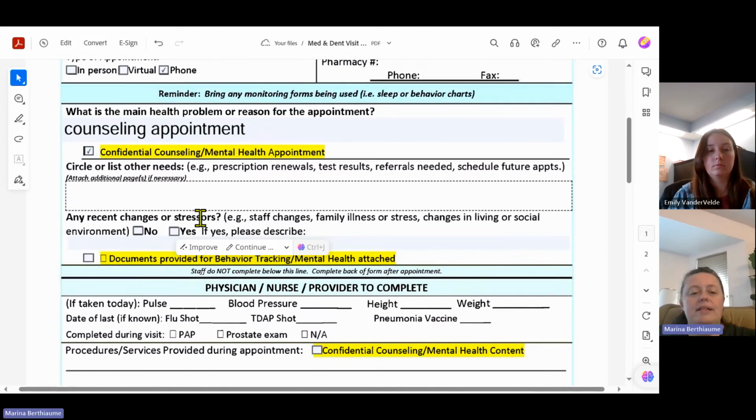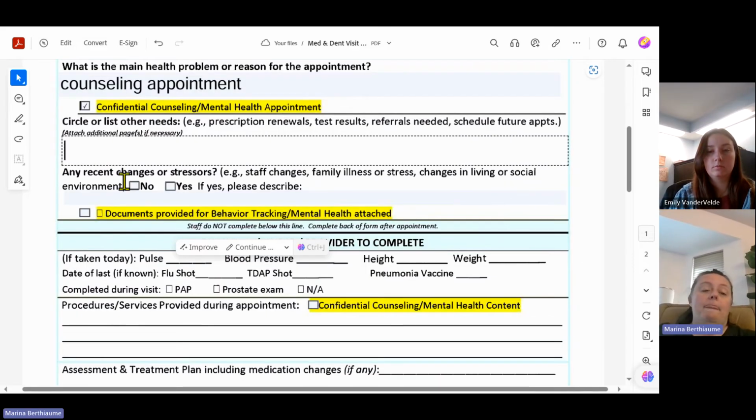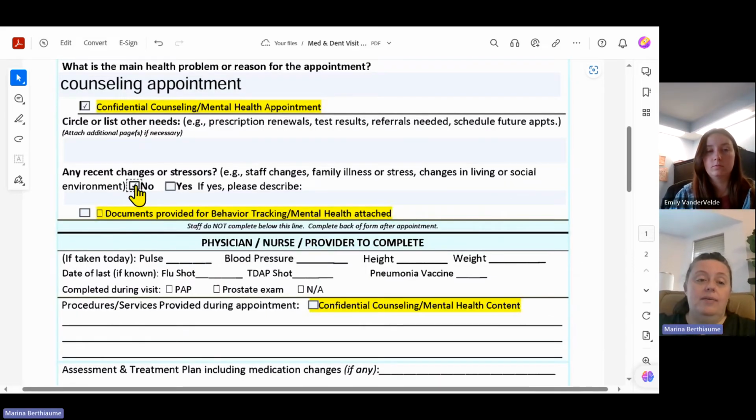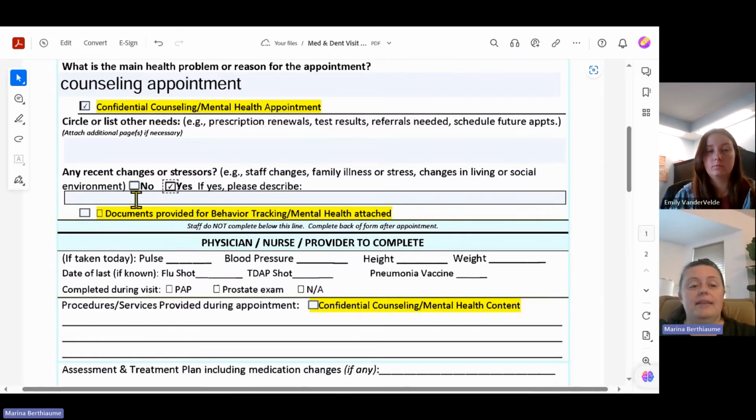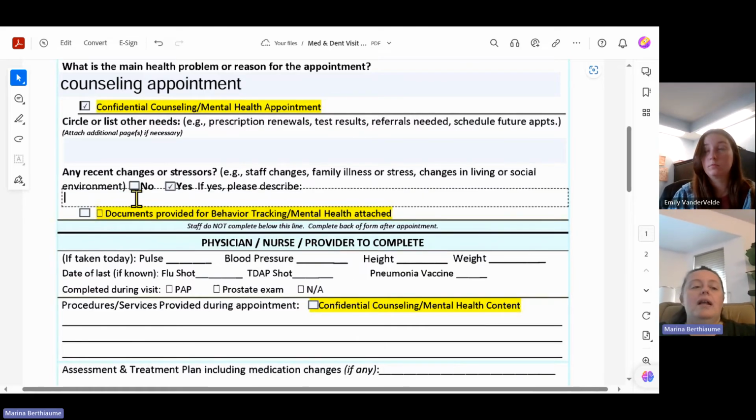The next thing, any recent changes or stressors. This could be staff changes, family illnesses or stress, change in their living or social environment. You know, did the person just move? If no changes, then you check no. But if there have been some changes, you're going to write that in. So, for example, this person's long-term, full-time staff no longer works with this person.